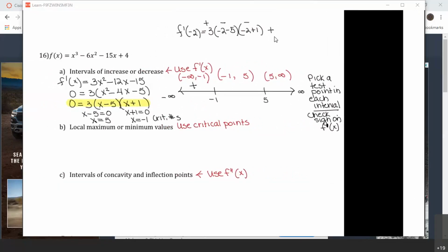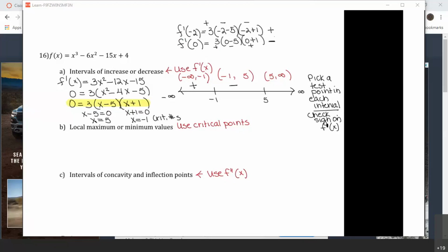Then the second interval, I'm definitely going to pick 0 there. Plug it into the derivative. Check the signs again. Positive, negative, positive. That's negative, right? Because we've only got an odd number of negative signs in the product.